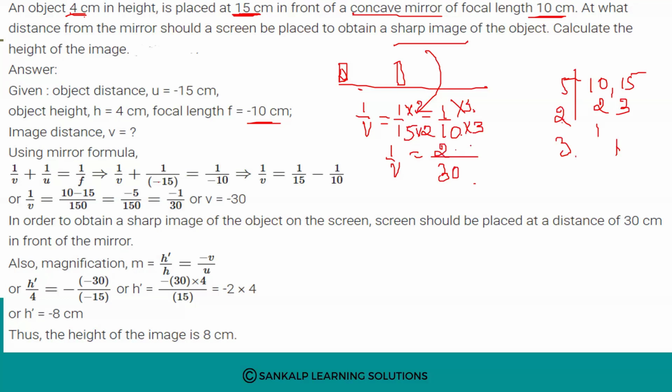So it is 2 minus 3, right? 2 minus 3 is minus 1 divided by 30.